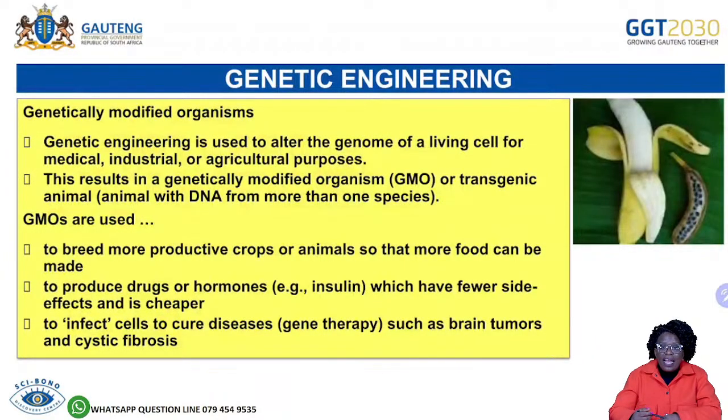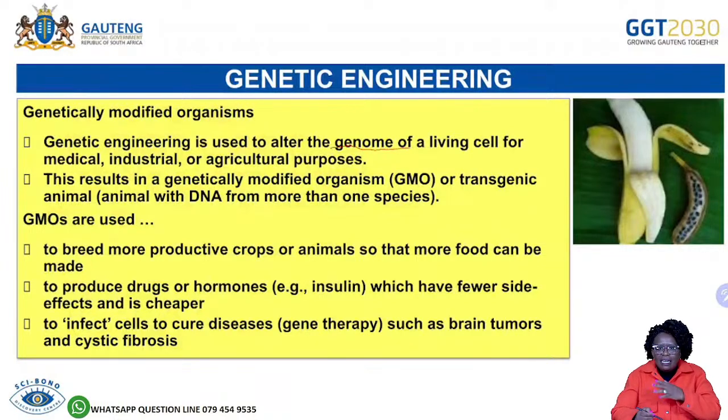Let us now look at one example of genetic engineering. Genetically modified organisms. Let us just look at what this is all about. Genetic engineering is used to alter the genome of a living cell for medical, industrial, or agricultural purposes.